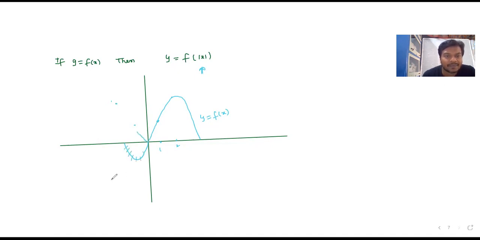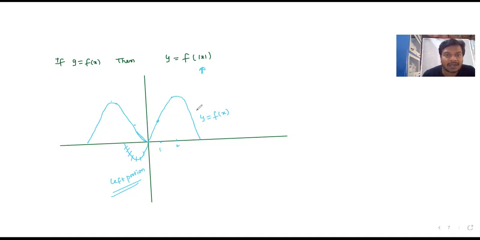That means the left portion I am going to neglect, and then the image of the right portion I am going to select. This is the graph. Clearly, y equal to f of x is this one.